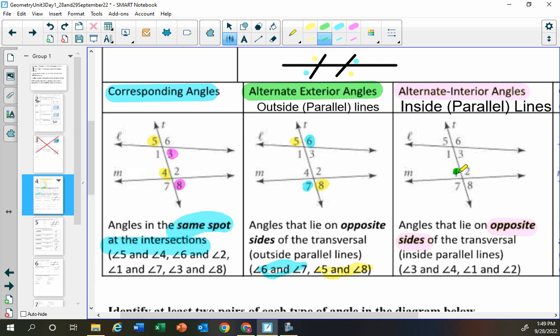Notice how 4 and 3 are inside, but they're opposite. They're opposite that middle line. 1 and 2 are the same thing. You have angle 1, angle 2. Questions?